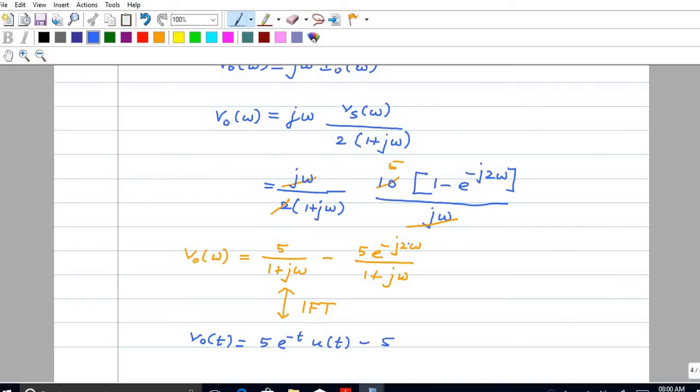You just again use the time shifting property. You have e power minus j 2 omega, which is multiplied with 1 divided by 1 plus j omega, whose time domain value is e power minus t u of t.